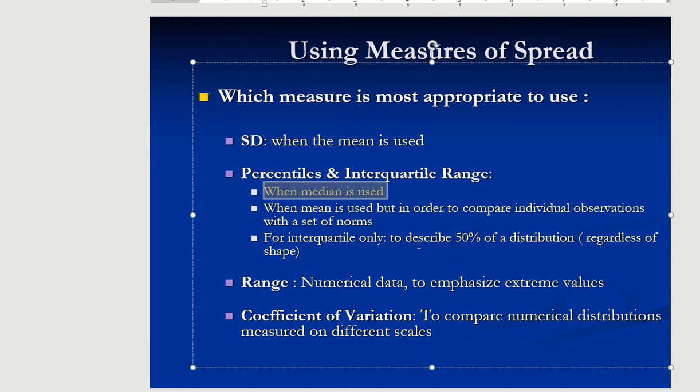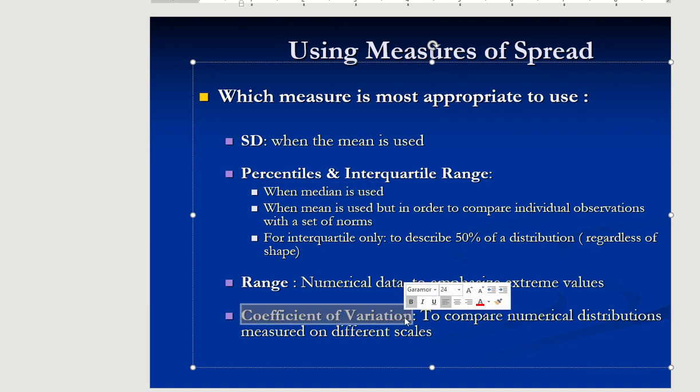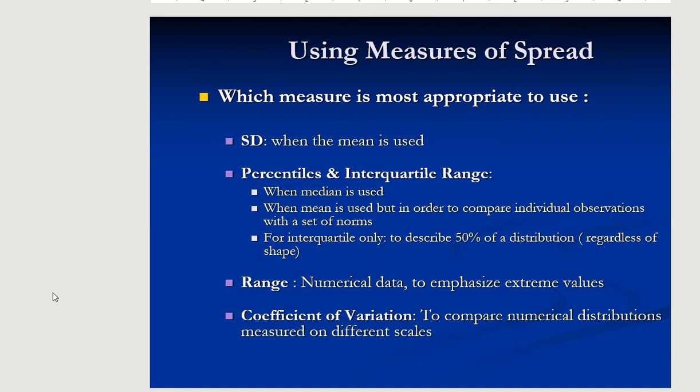The coefficient of variation, I said we use when we want to compare measures of spread between two scales that do not have the same unit. That concludes this lecture.